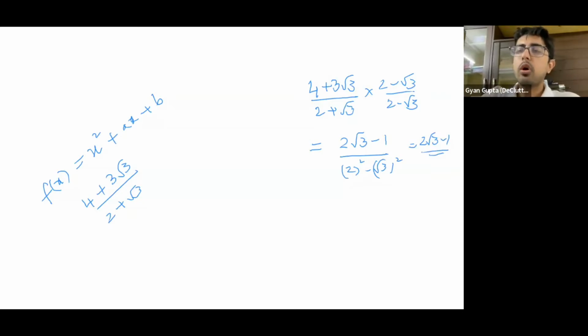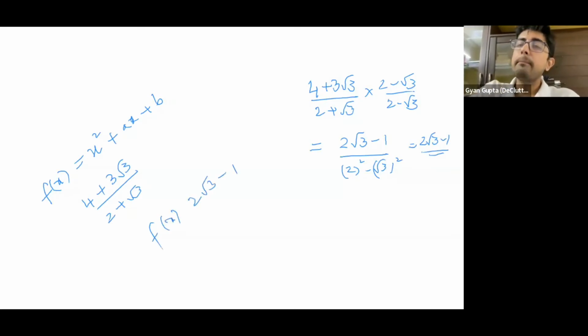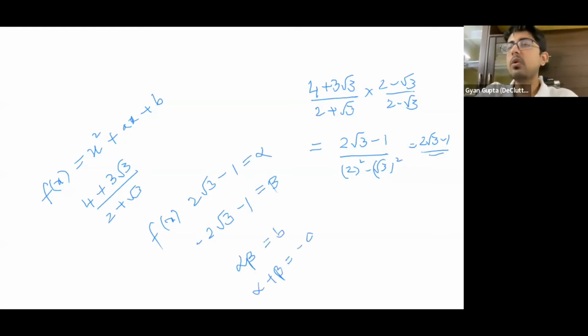If one root of the equation f of x is 2 root 3 minus 1, by extension, the other root has to be minus 2 root 3 minus 1 because the product of both the roots, alpha beta, is equal to b, which is an integer. Alpha plus beta is equal to minus a, which is also an integer. And if the roots are not conjugate of each other, this will not work out.